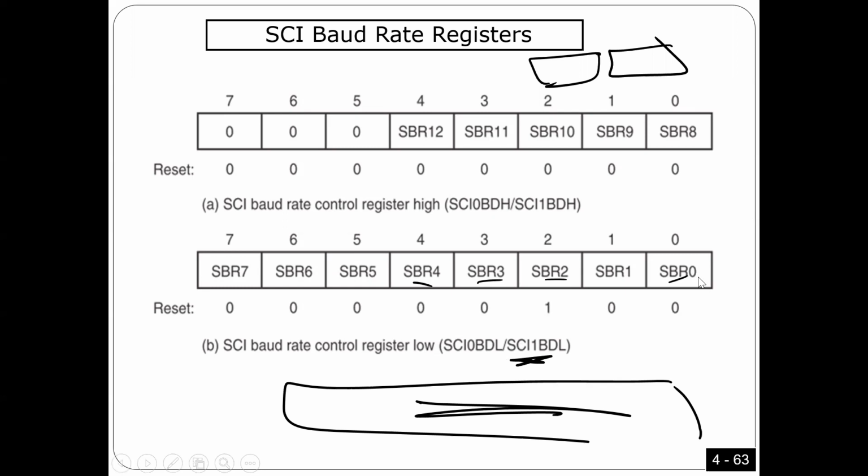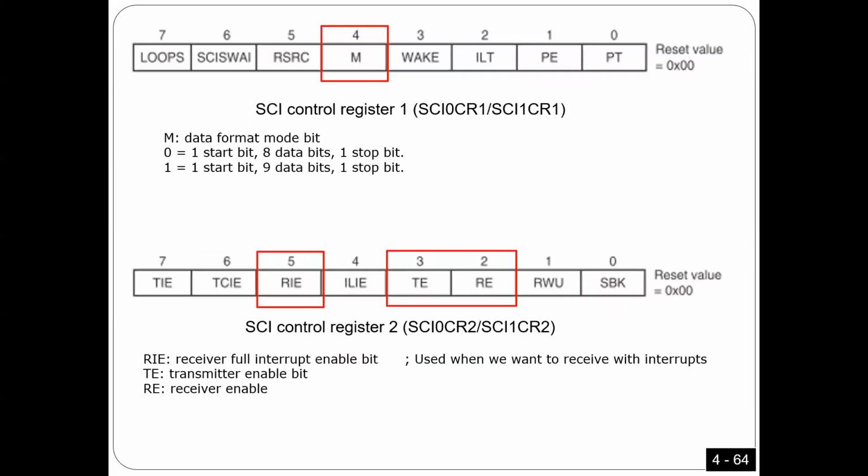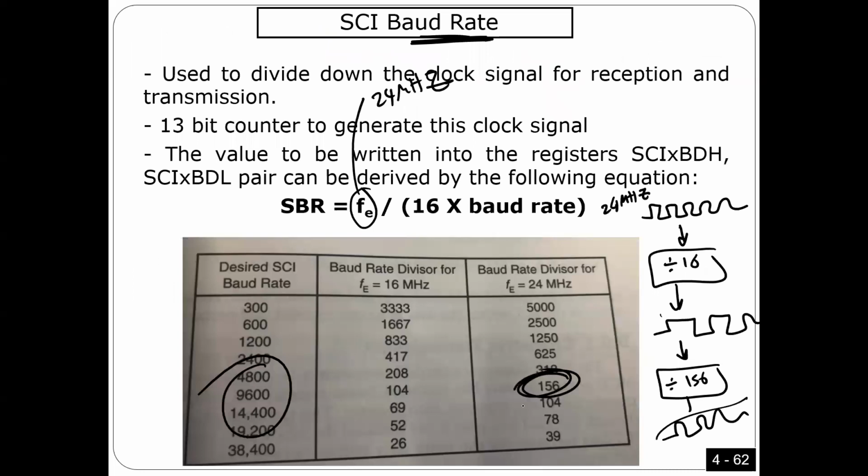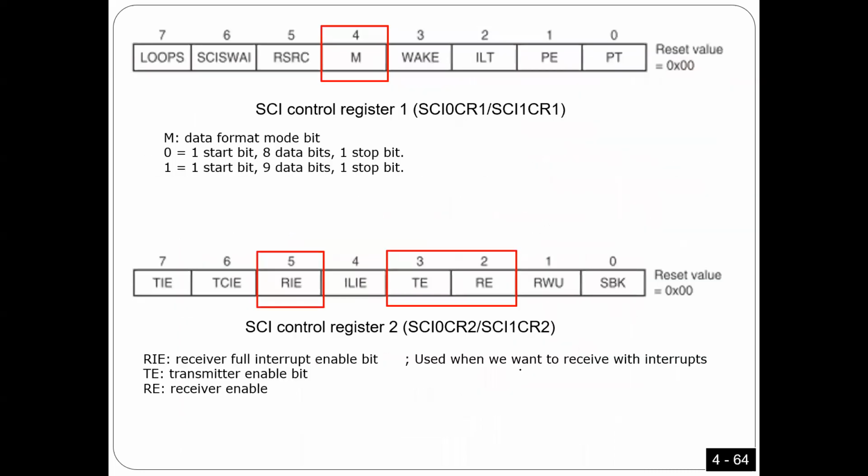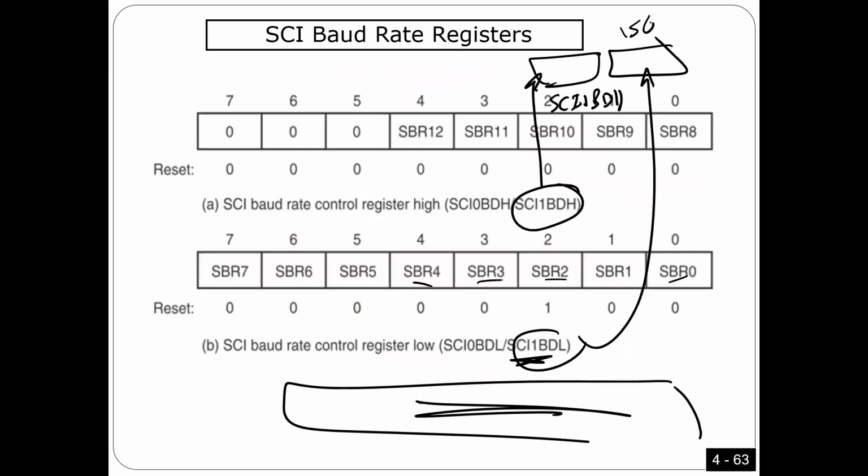Anyway, here we have 2 bytes, guys. We have SCI1BDH, this one here, and we have this one here. So this is a word. In this word, I want to write 156. How can I do that? Very simple. I'm going to write 156 here, and then I'm going to write 0 here, because this is a byte.